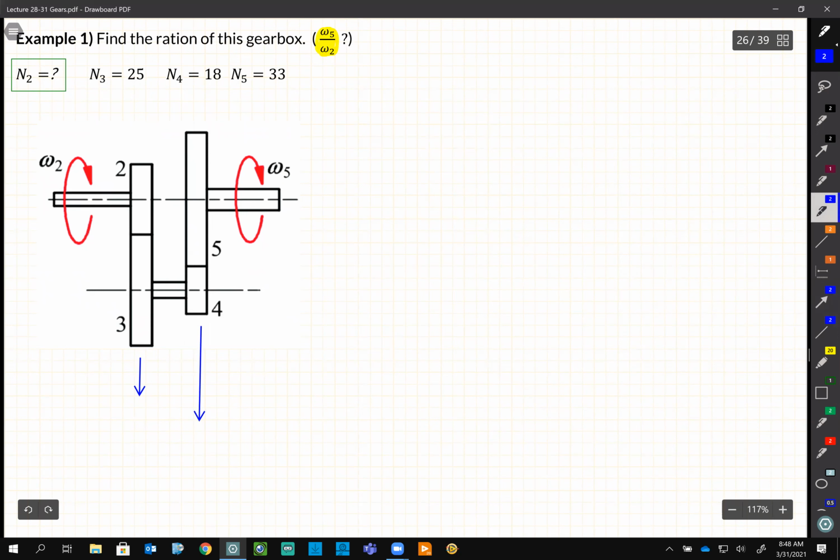So if I write omega 2 over omega 3, it is minus n3 over n2. And if I write omega 4 transfer to omega 5, it is minus n5 over n4, right? And I know that 3 and 4 are the same.